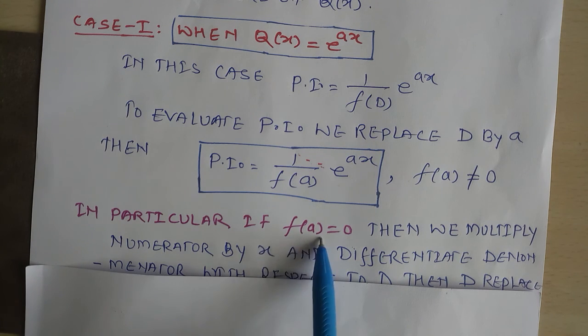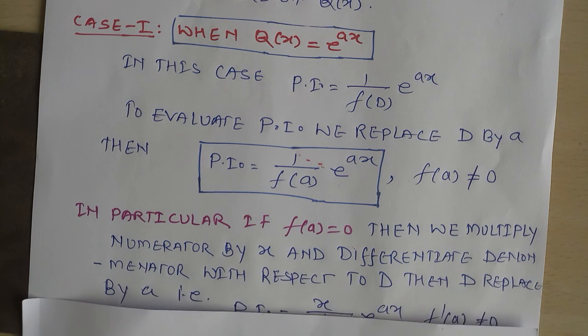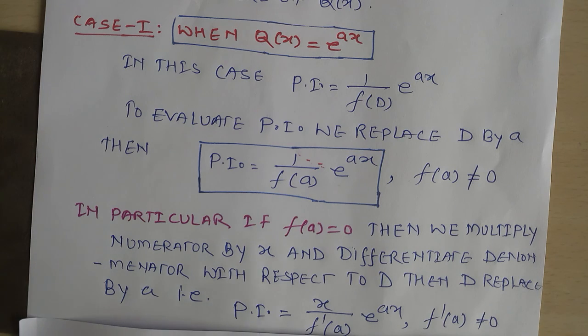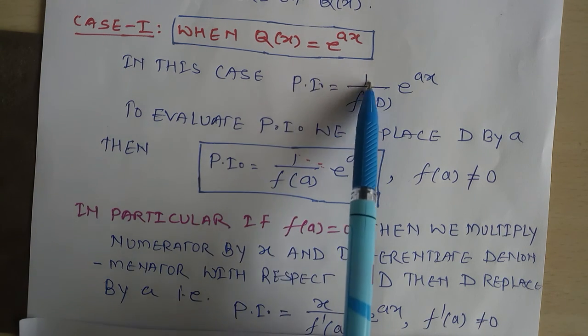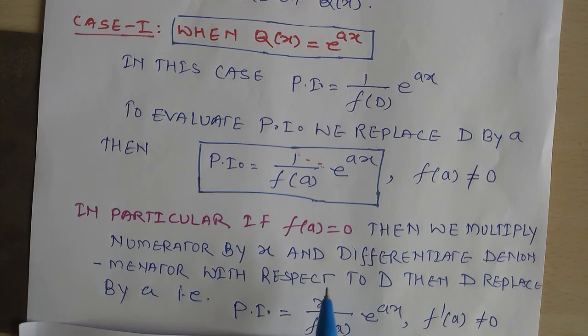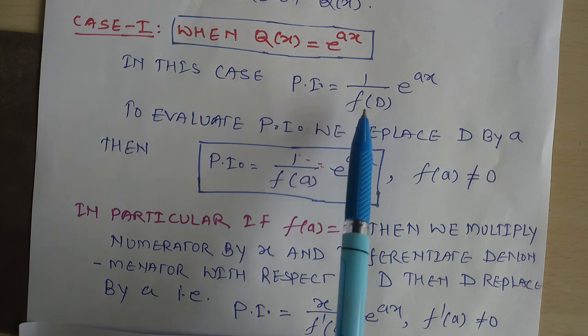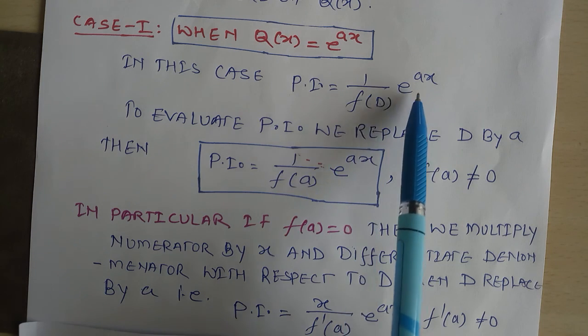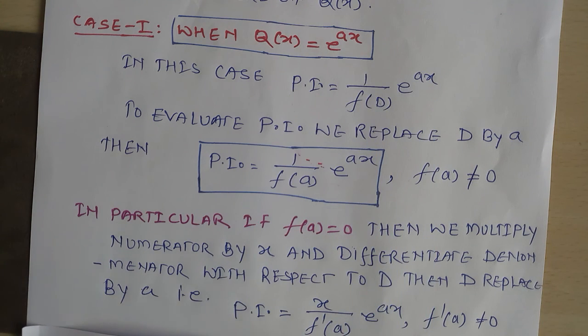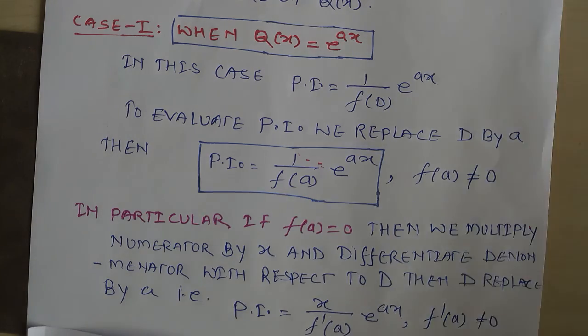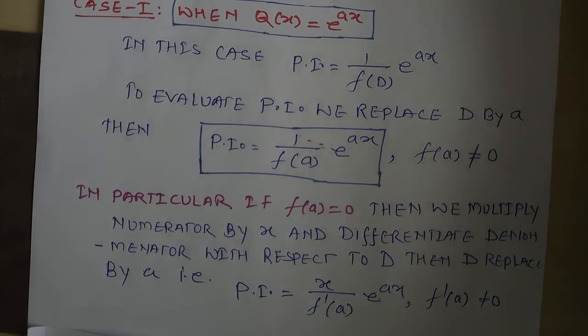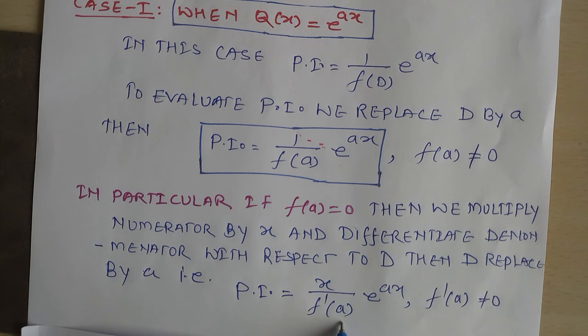So, in case f(a) is 0, we get the particular integral PI: first we multiply the numerator by x, then we differentiate f(D) with respect to D, and we get f dash D. Now put D equal to a, then we get x upon f dash of a into e raised to ax. This is the particular integral, provided f dash of a is not equal to 0.